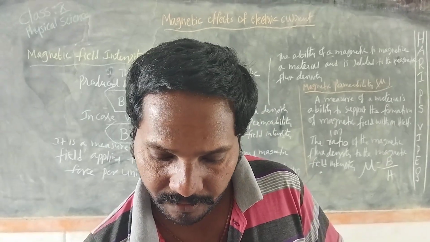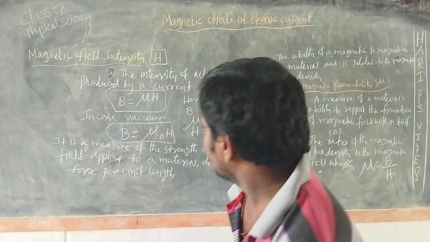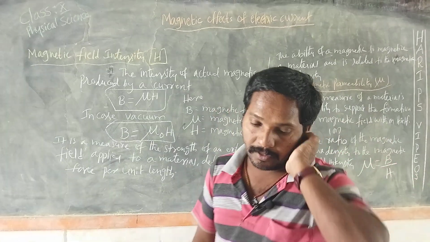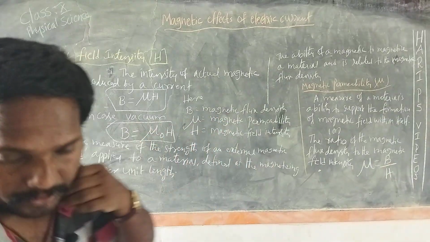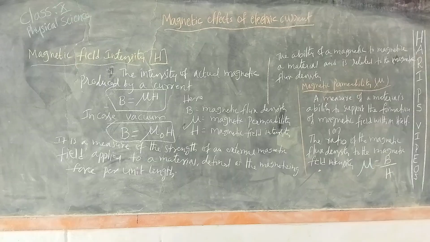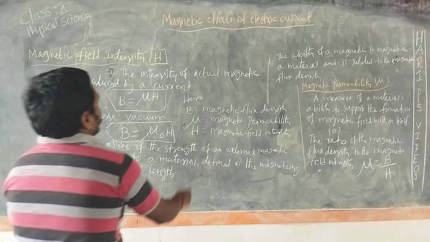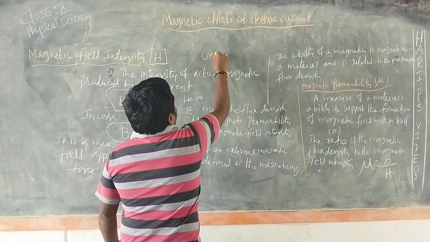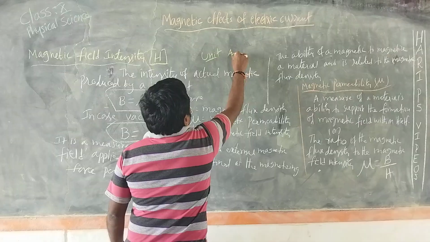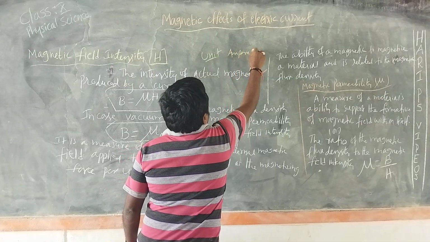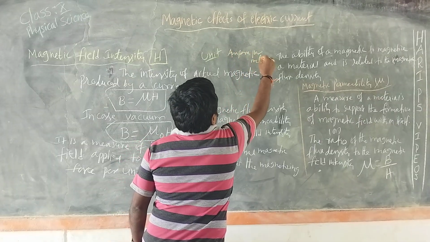The unit of magnetic field intensity, I forgot it, sorry, is ampere per meter.